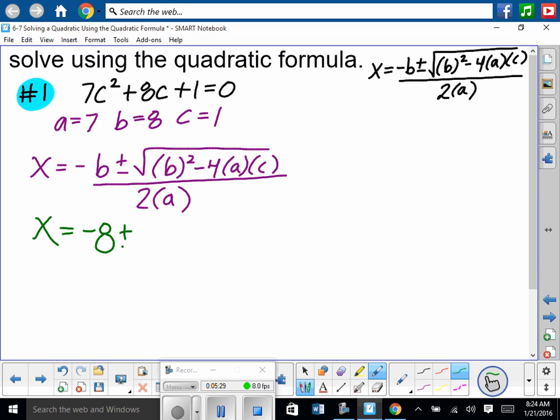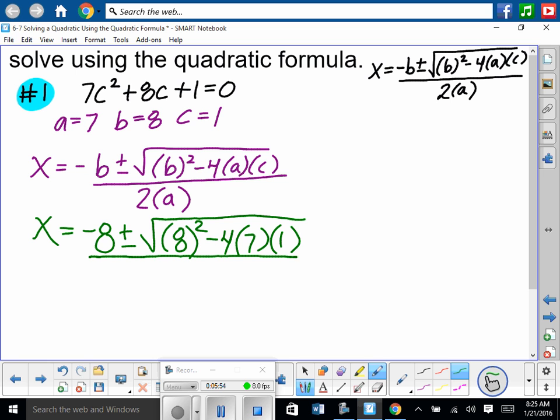Negative 8 plus or minus the square root of b squared. Let's use parentheses. So we're doing 8 squared. Does everybody see where I'm putting in b squared? Yes. Minus 4 times a, a is 7, times c. C was positive 1. And that's all over 2 times a, and once again, a was 7.